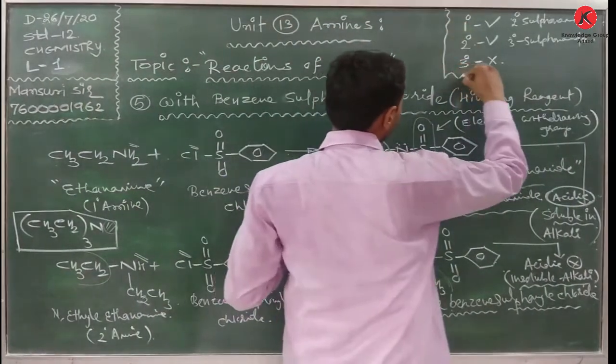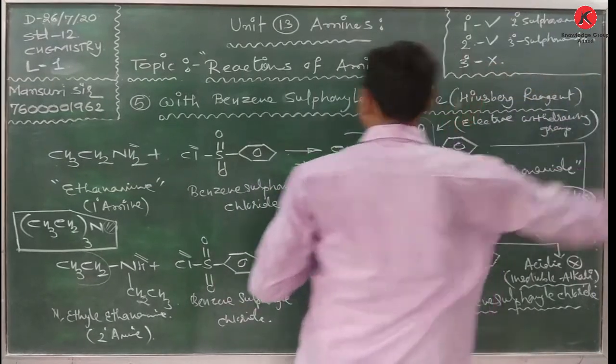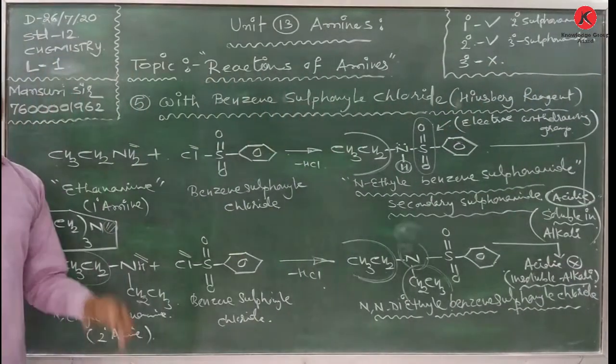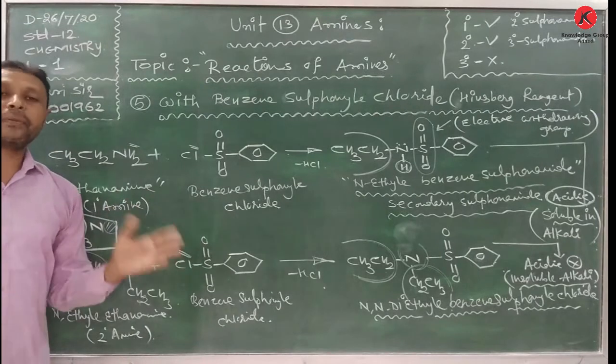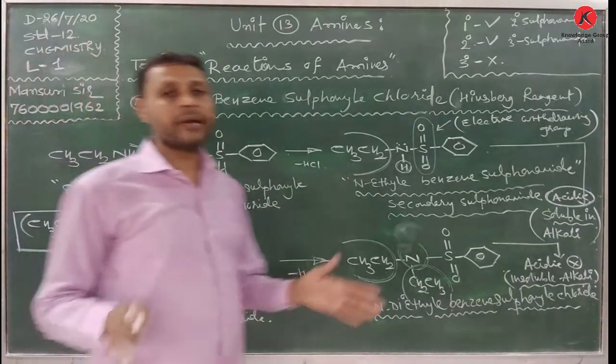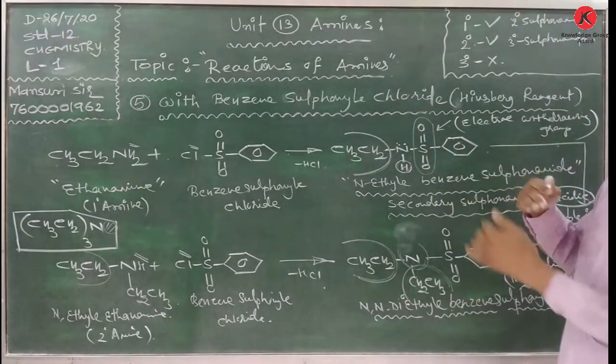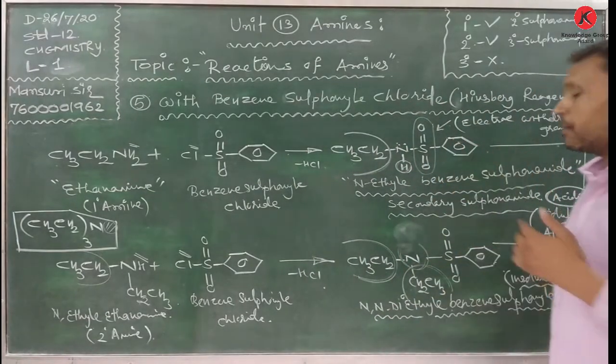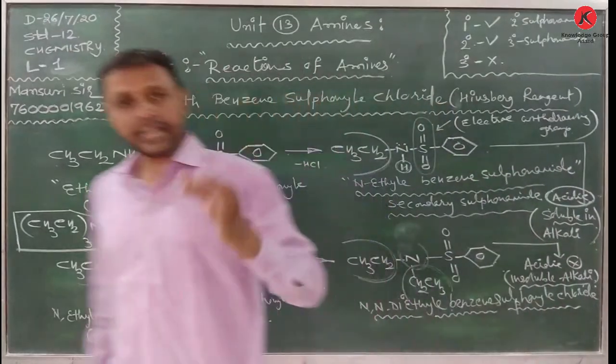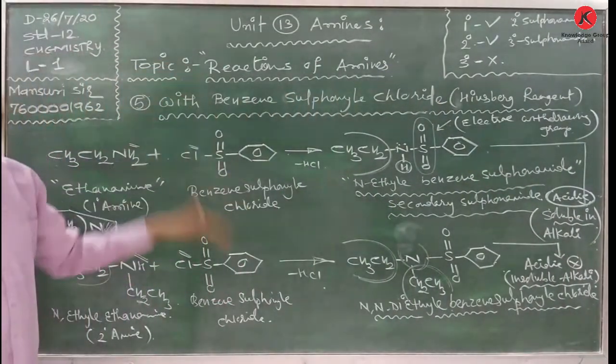So we can say that the answer will be like this. Write down a short note on separation of 1 degree amine, 2 degree amine and 3 degree amine. Whenever this type of question is asked, we have to write down this topic.